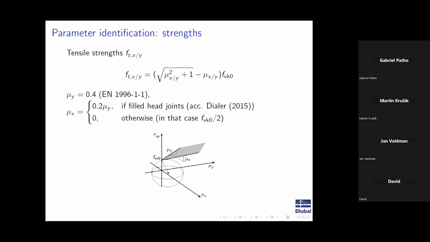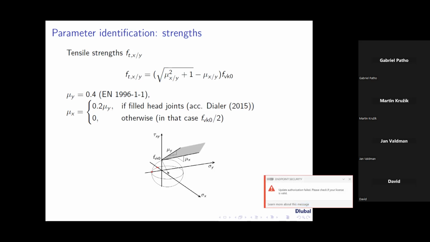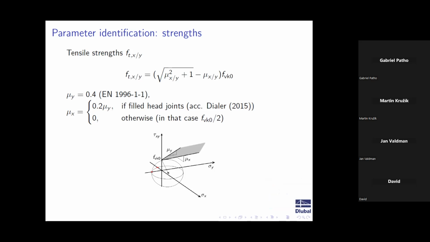However, I need the graph here as well. It prescribes the shear failure under some confining compressive stress. This is basically called friction, a graph with the initial shear strength fbk.